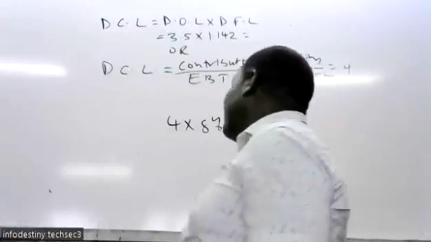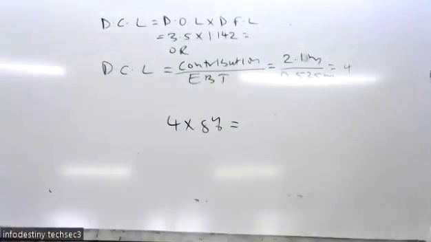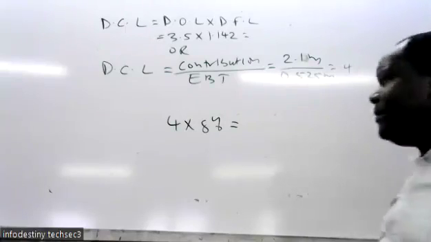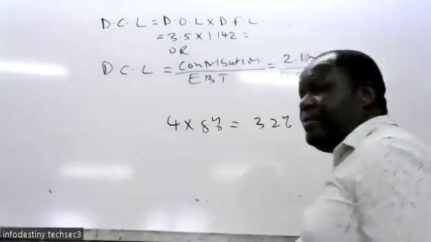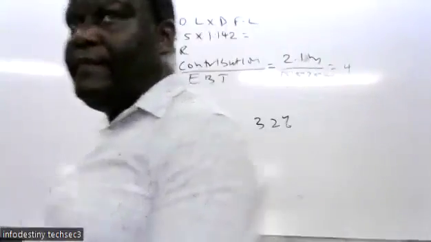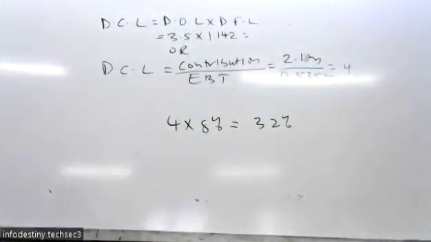Here 4 is the degree of combined leverage, and 8% is given in the question. So it will be 32%. That's the conclusion for the last question.